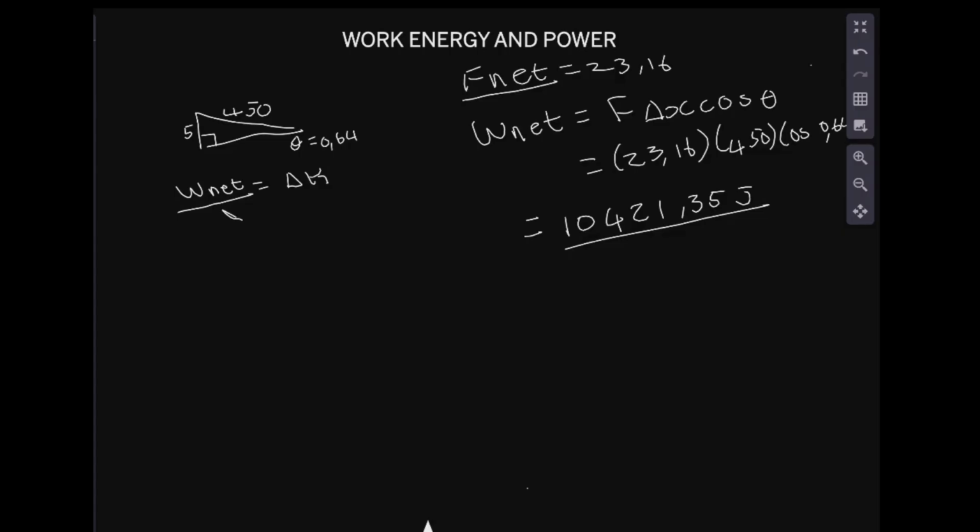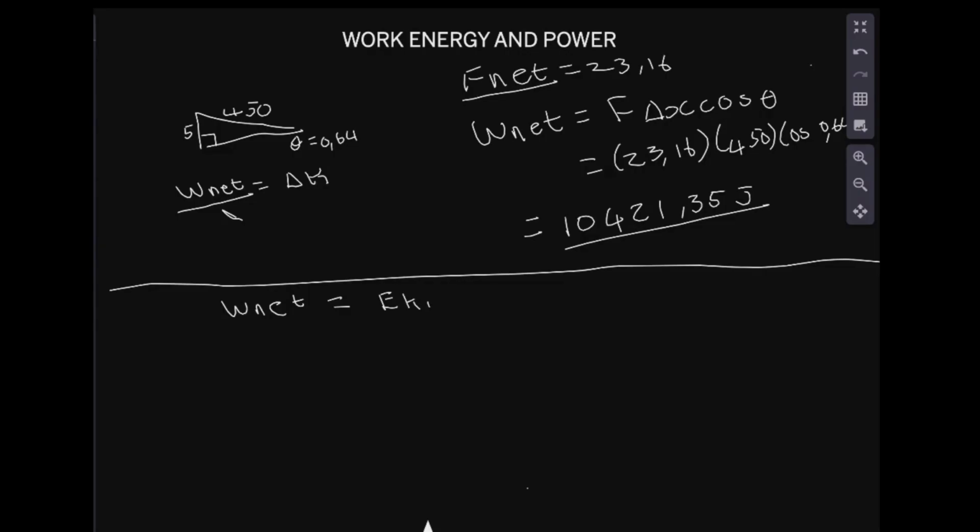So we draw a line here. Now I'm going to say W net is equal to EK final minus EK initial.